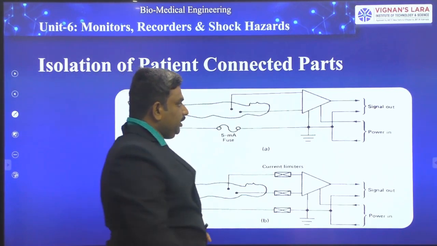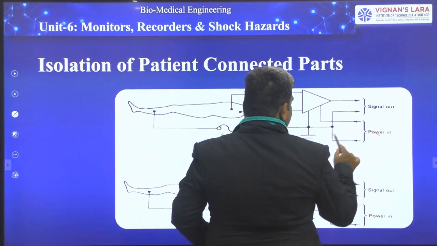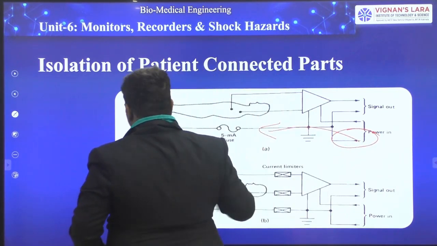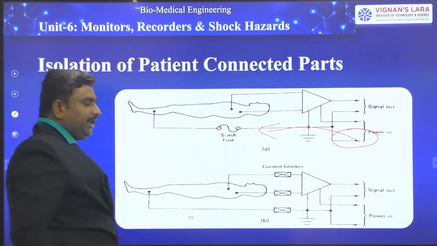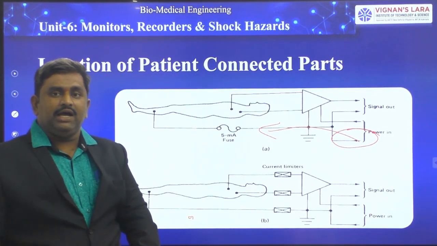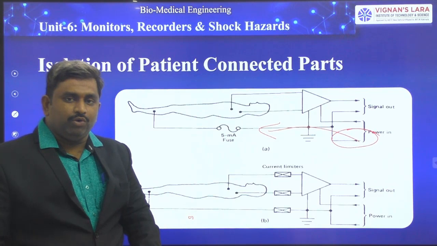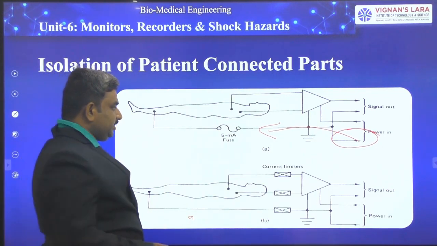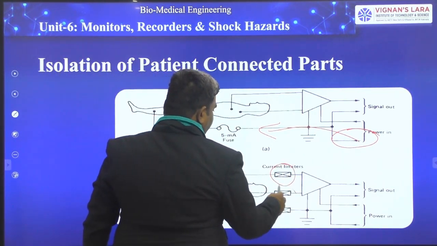In this situation, when we are exciting the patient connected body parts, there may be a chance of unwanted leakage currents flowing through the human body. For that reason, we are using current limiters.